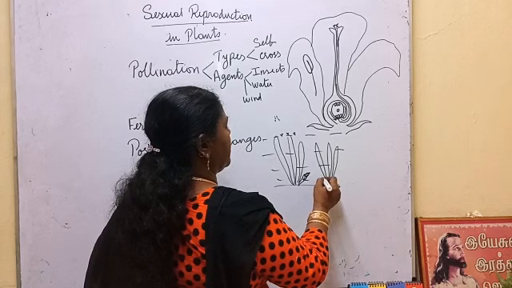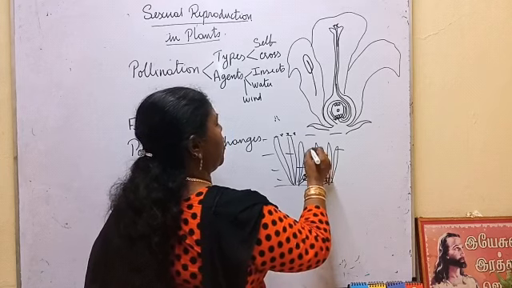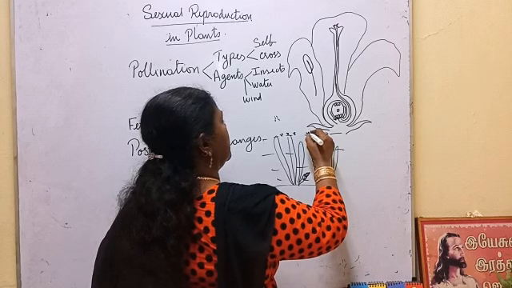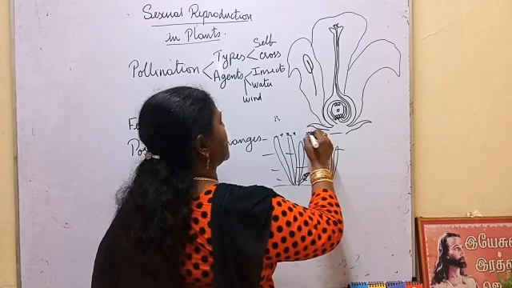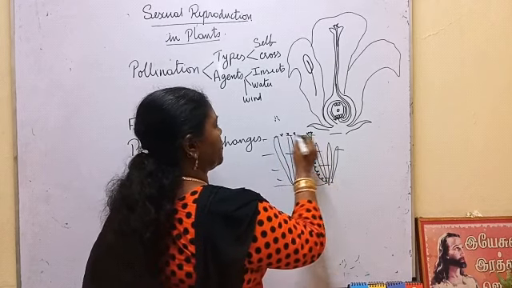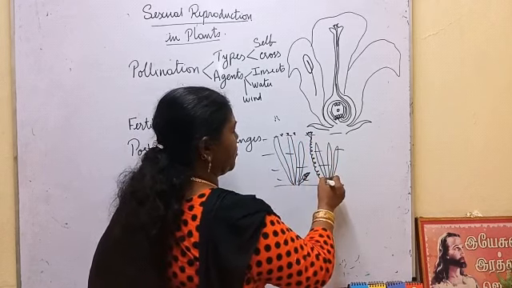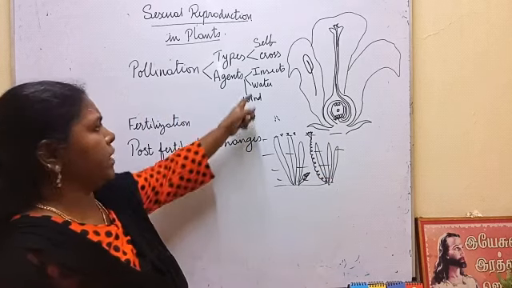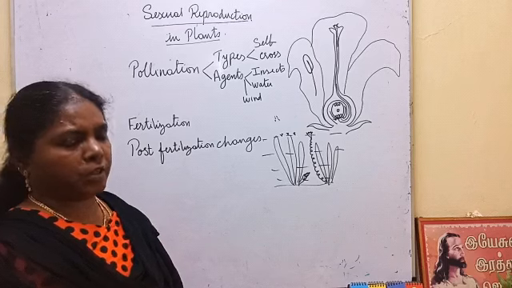The female flower will be produced with a long stalk and it will reach the surface of the water. Then pollination takes place. After pollination and fertilization, this will come down again. Here it will develop into fruit. This is water pollination.